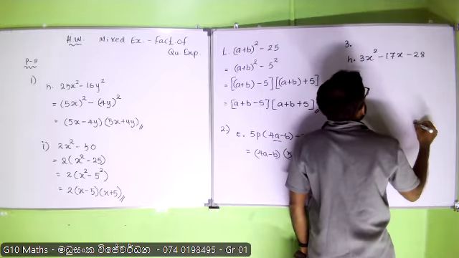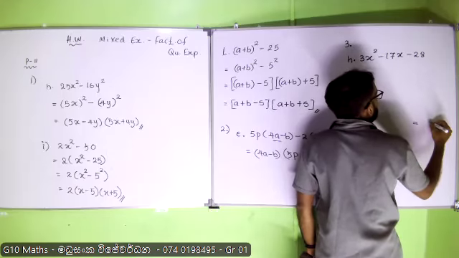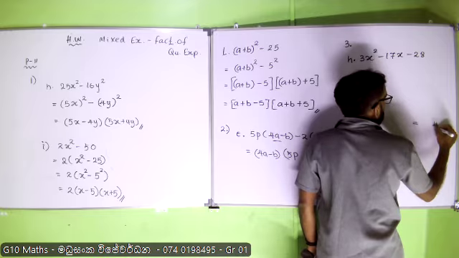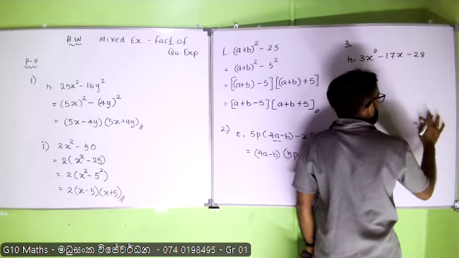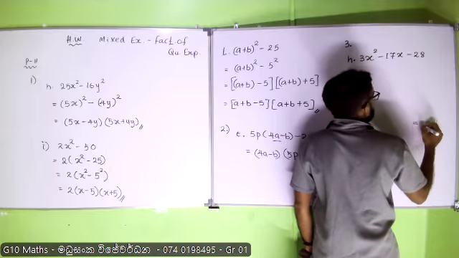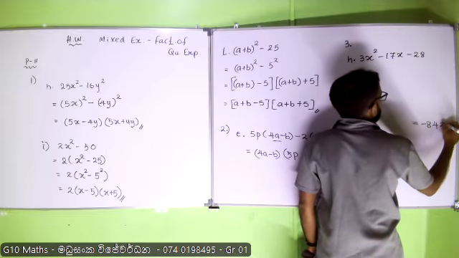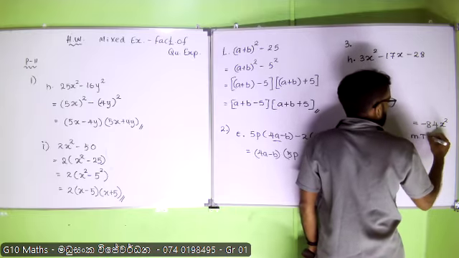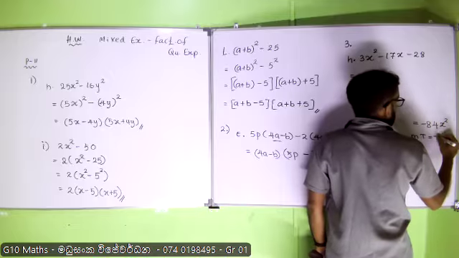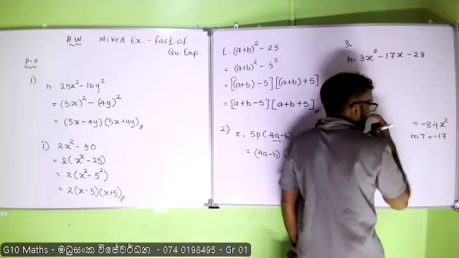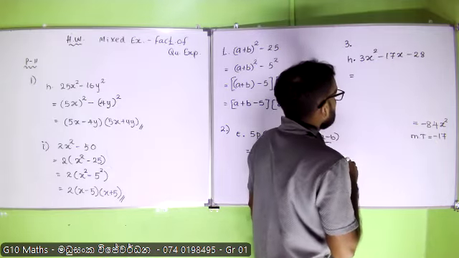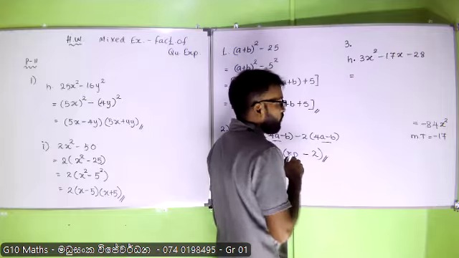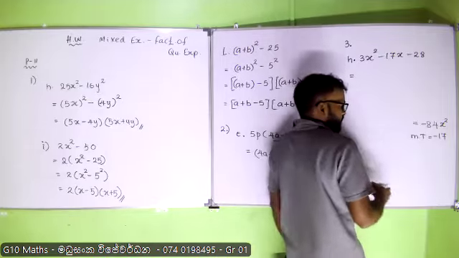We have 3 times 28, which is 84, so minus 84x squared. And my middle term is minus 17. So what are the two numbers that we need to get?